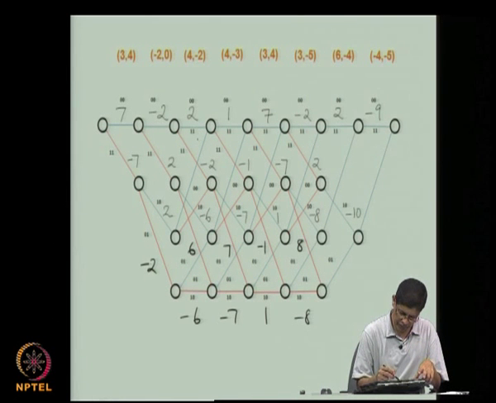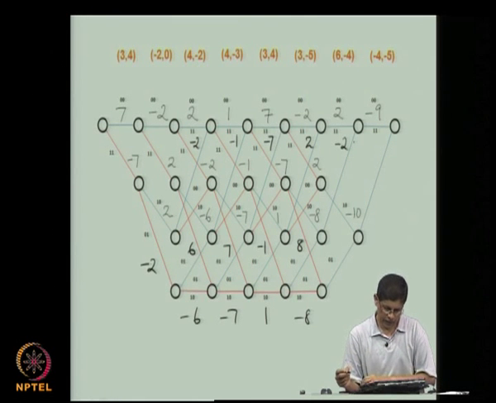So you negate both signs, so this would be minus 4 plus 2, which is minus 2, minus 4 plus 3, which is minus 1, minus 3 minus 4 is minus 7, minus 3 plus 5 is 2, minus 6 plus 4 is minus 2.